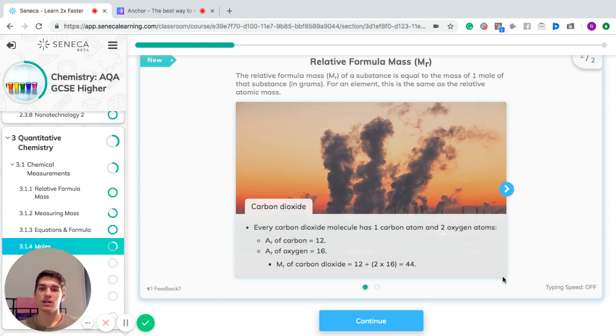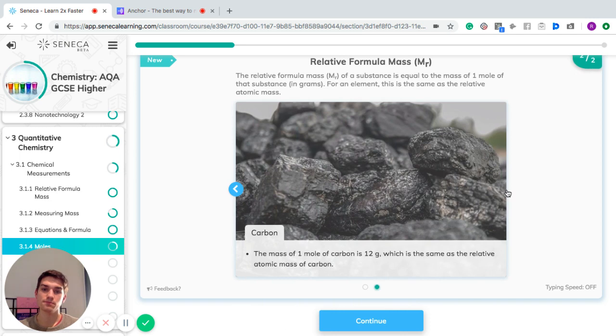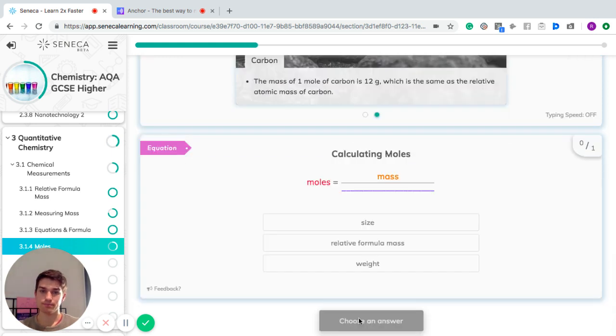So to work out the relative formula mass, we take 12 and add it to 2 times 16, which gives us 44. Now, the mass of 1 mole of carbon is 12 grams, which is the same as its relative atomic mass, and that'll be the same for any carbon atom.